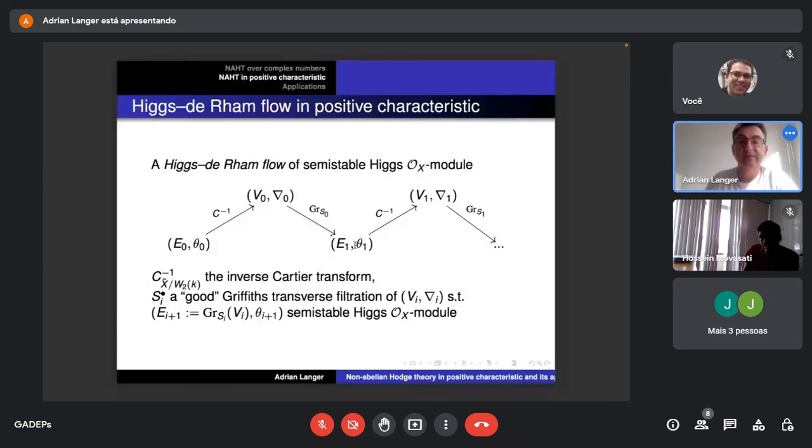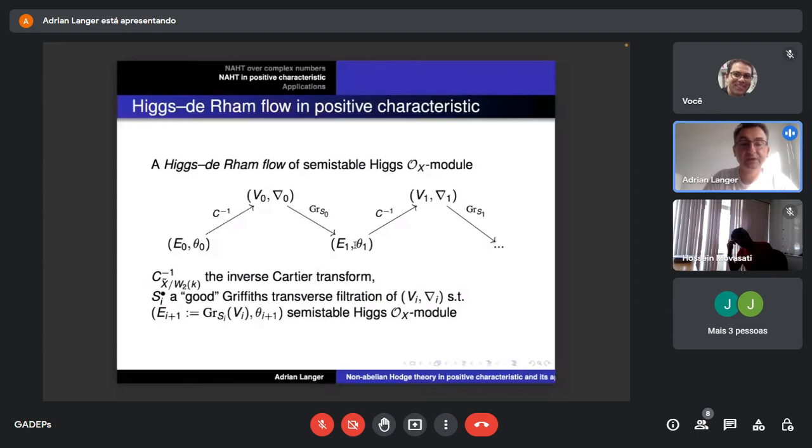This result is a bit delicate, and that's the main problem that appears in the proofs, and it can be resolved, roughly speaking, by the following theorem.